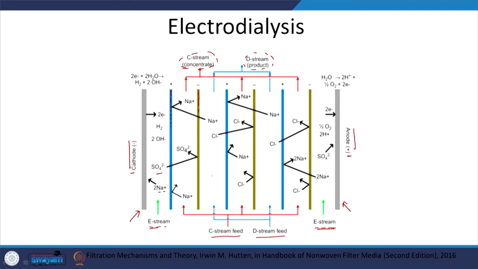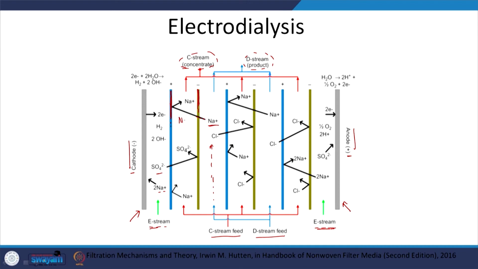So, here is my water that I want to treat. Once the potential is applied, the sodium will try to move towards the cathode. But this membrane here will only prevent migration of cations. Sodium, positively charged, can go through that, but then at the end of the day it will not be able to migrate through this particular ion selective membrane.